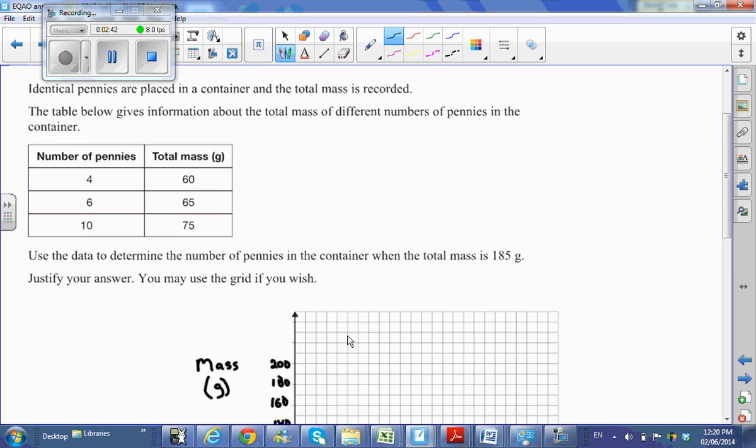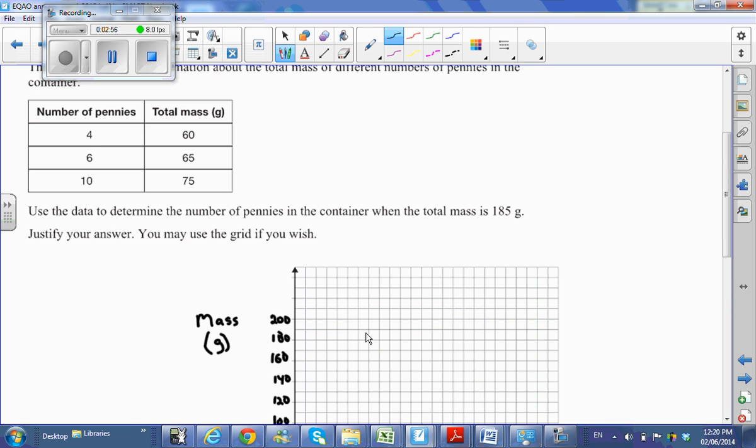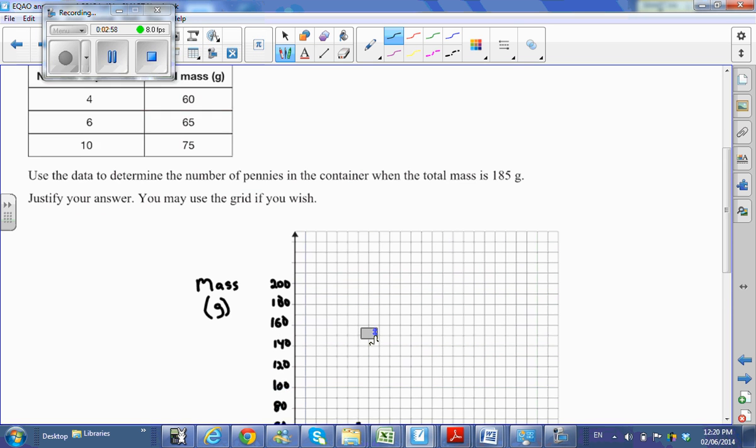Next one we have here, 6 was 65. And 10 was 75.